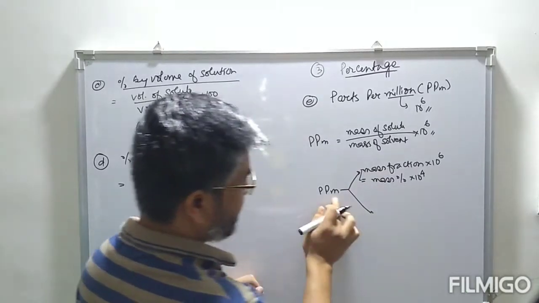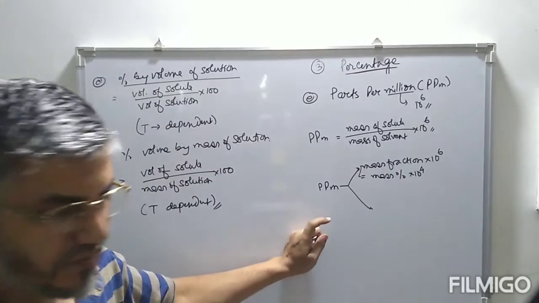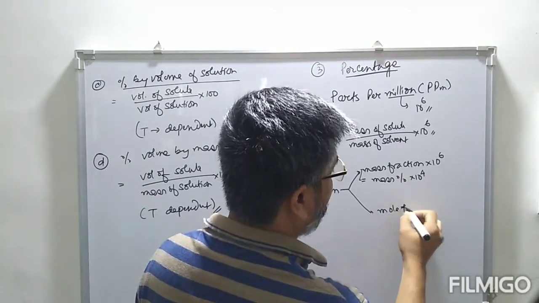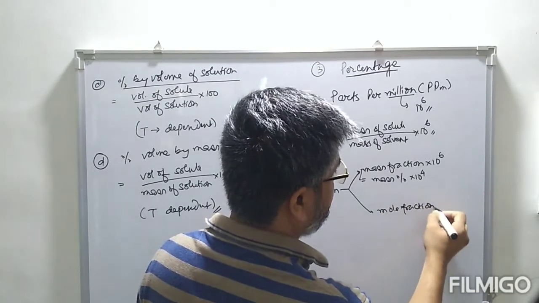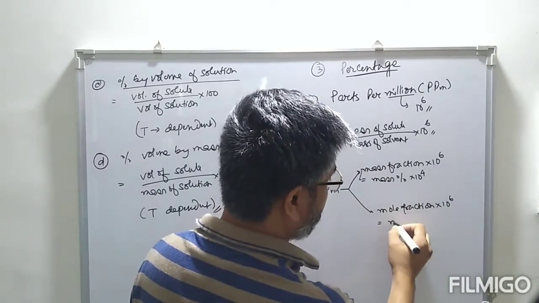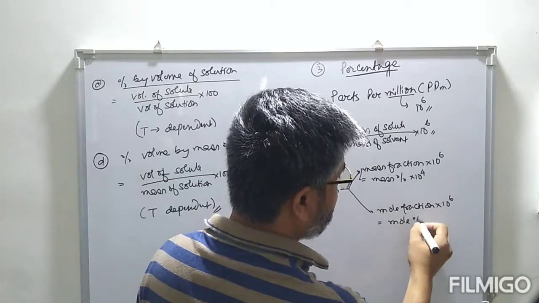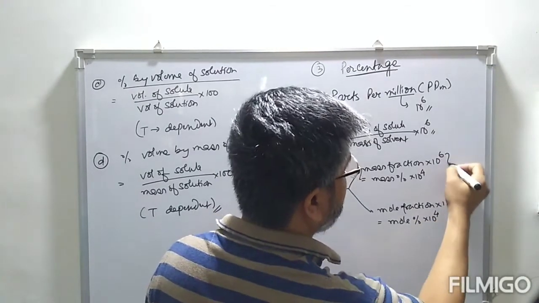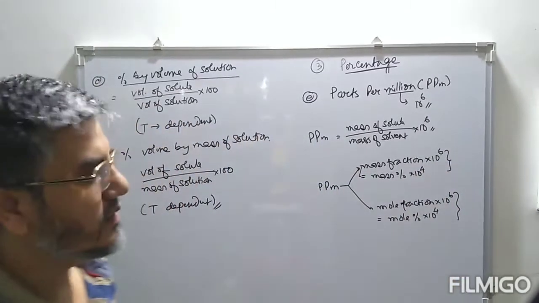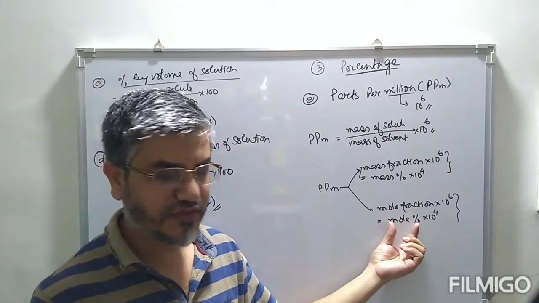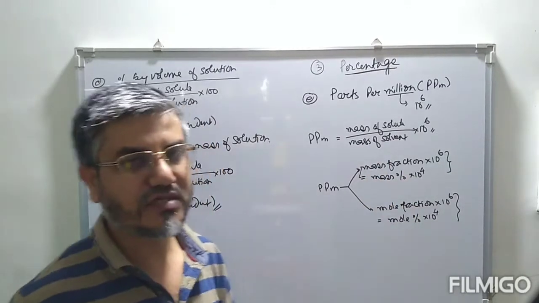Another form of expression of parts per million is mole fraction into 10 to the power 6. This is also equal to mole percent into 10 to the power 4. That means parts per million can be expressed in terms of mole fraction or in terms of mass fraction.